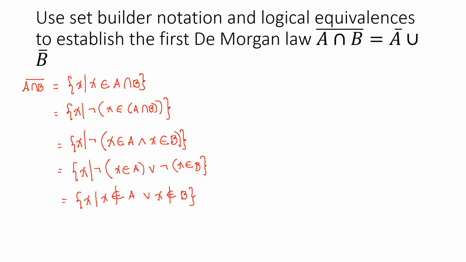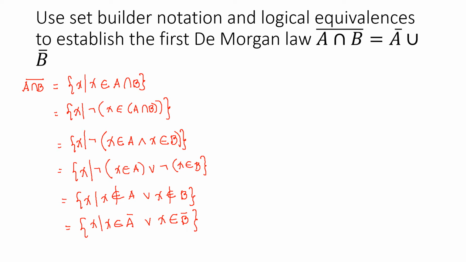If that is the case, because they do not belong to each other, then we could say that this is also a set containing X such that X is an element of the complement of A, or X is an element of the complement of B. So this is the definition of complement.